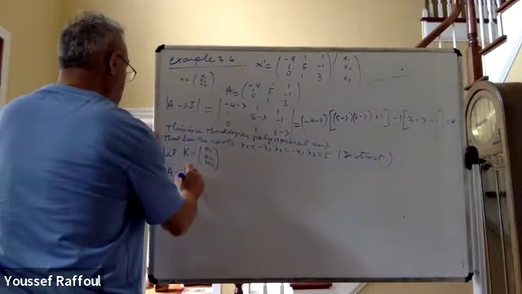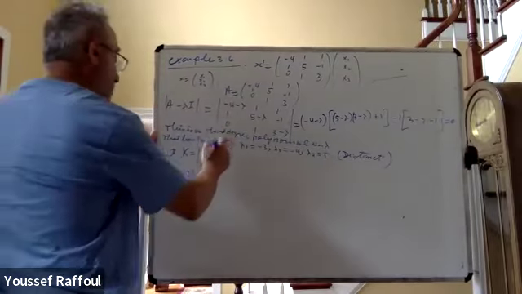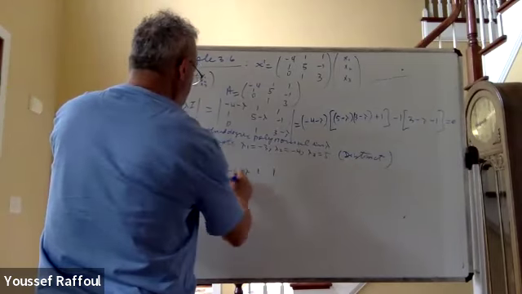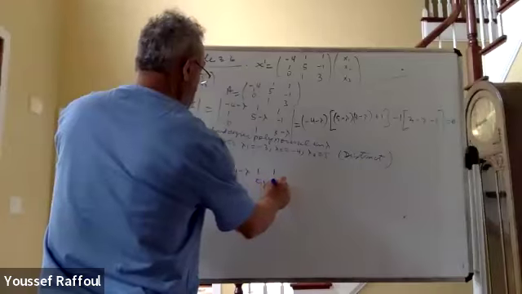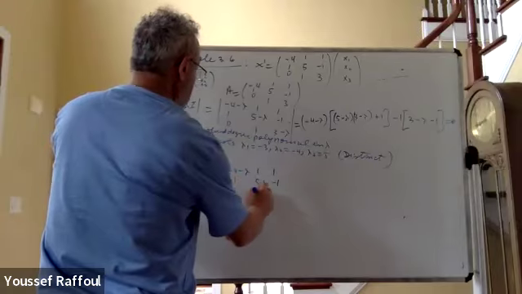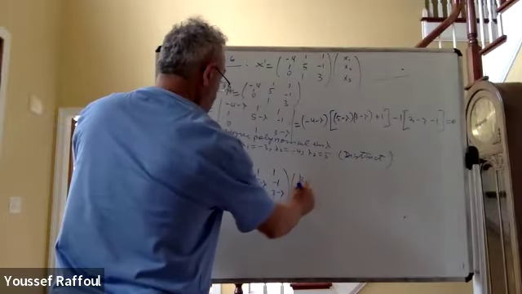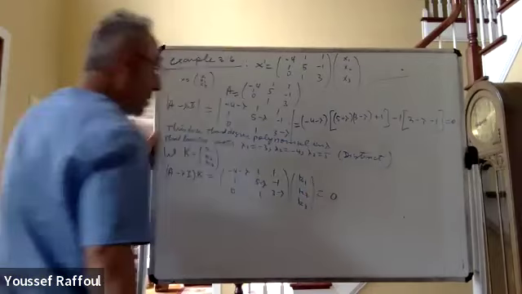A minus lambda I is -4 minus lambda, 1, 1, 1, 5 minus lambda, -1, 0, 1, 3 minus lambda, times K1, K2, K3 equal to 0.